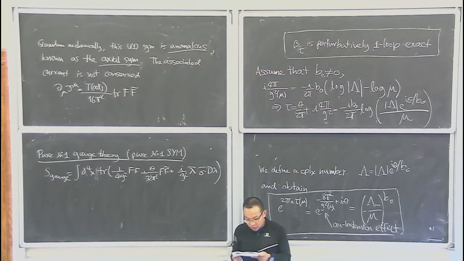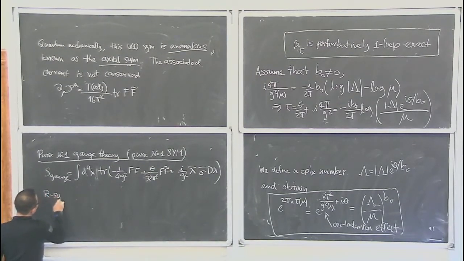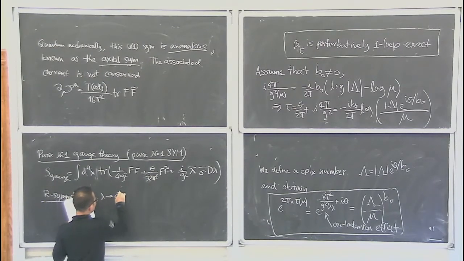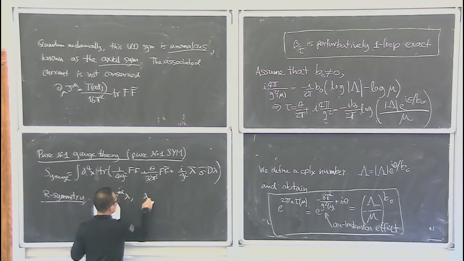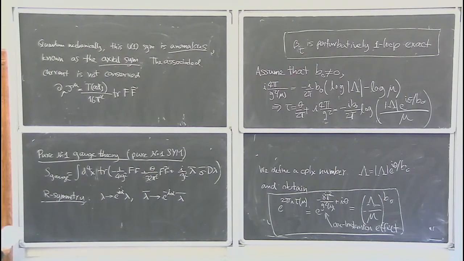Right, so let's talk about R symmetry. This is a symmetry that rotates the gaugino as follows. The R charge is that the gaugino carries charge.